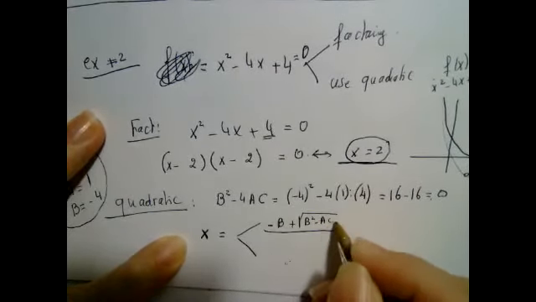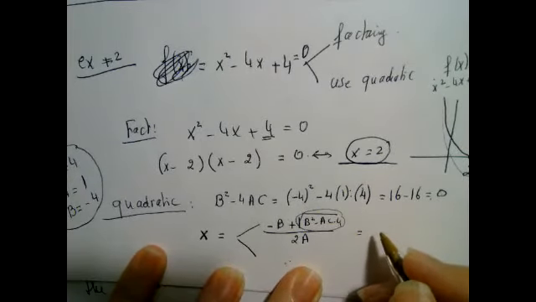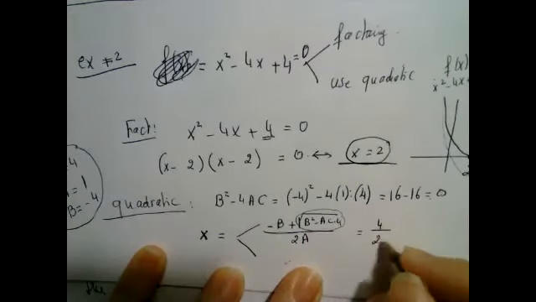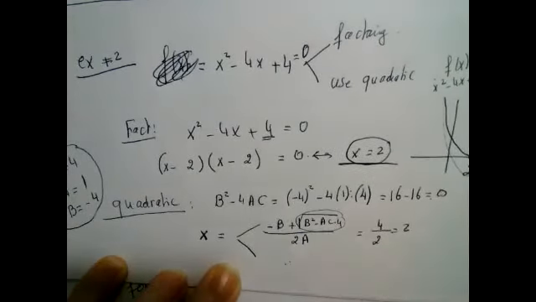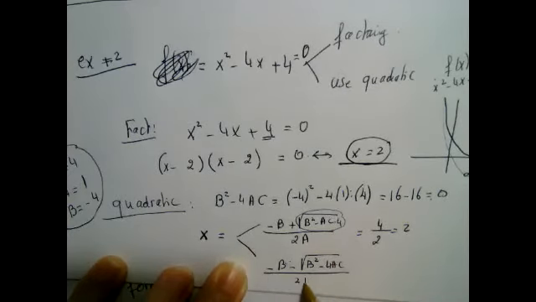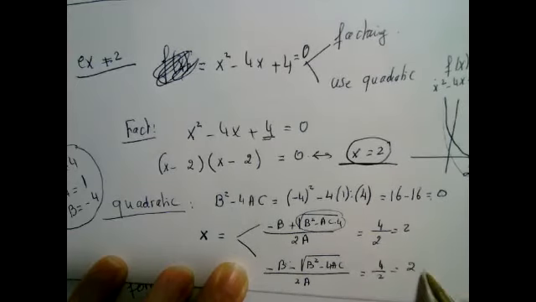But we know that the term, this one is 0. So this will give me minus b, which is 4, over 2a, which is 2, which is equal to 2. And even if I apply minus b minus the square root over 2a, it's again 4 over 2 equal to 2.